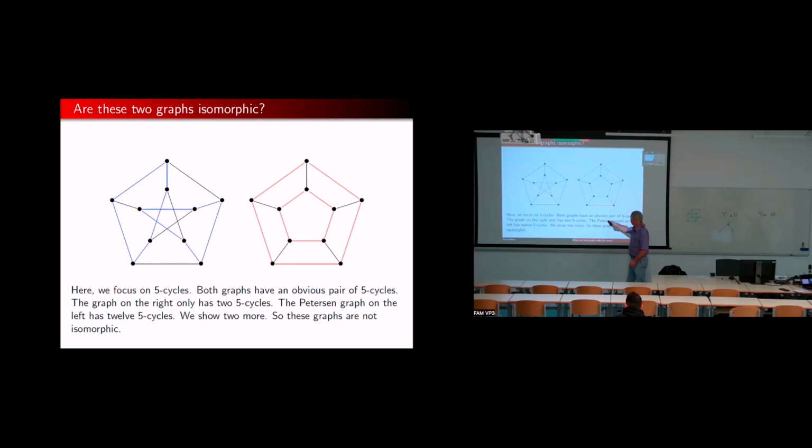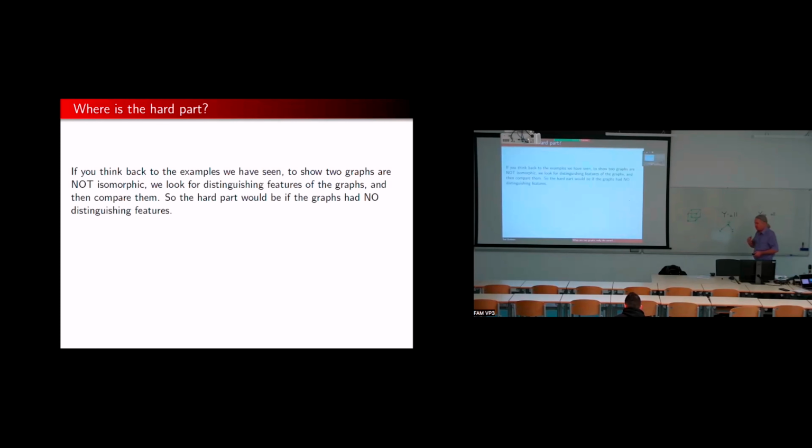For example, in this graph, I really can't tell the difference between this vertex and that vertex other than by position, because I can just rotate the picture clockwise and that vertex will become that vertex and the picture stays the same. So my intuition says that these sorts of graphs are going to be hard to tell if they're isomorphic, because if you're looking for a distinguishing feature inside a graph, in some sense they don't have any. Everything is the same viewpoint.